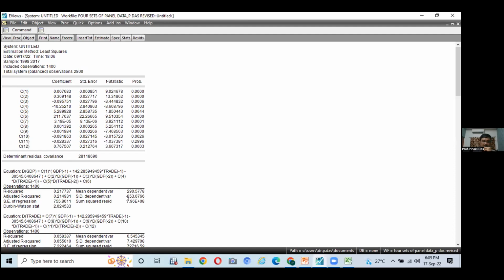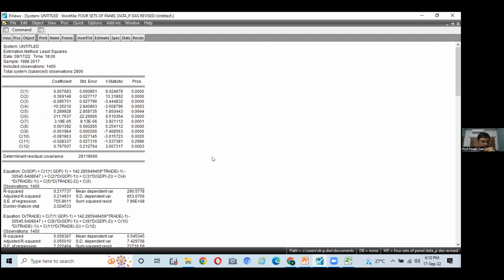Why C4 and C5? If you consider more than one independent variable, then it is not C4 and C5. Here, from the estimating equation, C4 and C5 are the coefficients of the independent variable, lag period 1 and lag period 2. Therefore, we are interested to find out the joint effect of C4 and C5 to find the short run causality running from trait to GDP.